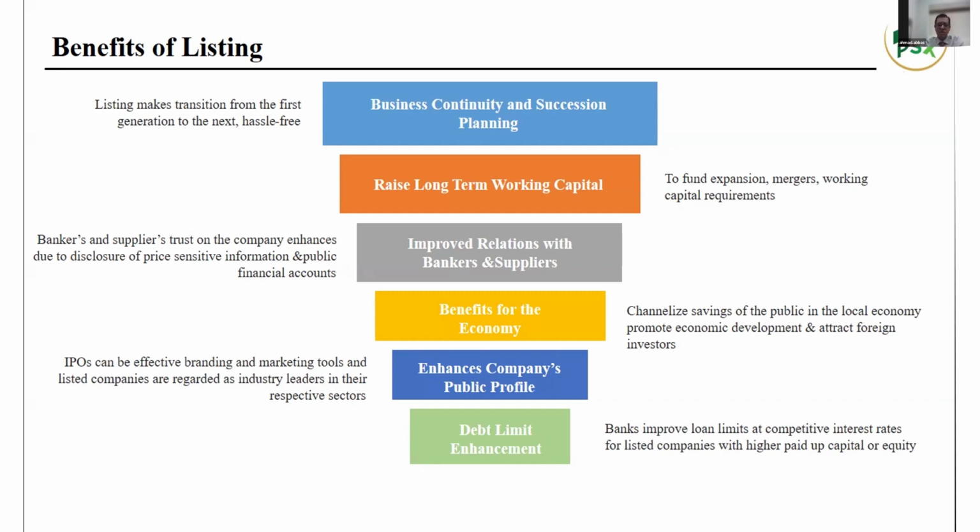And then, once you're listed, your access to capital becomes unlimited. You can raise funds anytime you want. You have rights issues, you can issue debt securities, and you can do a secondary IPO.